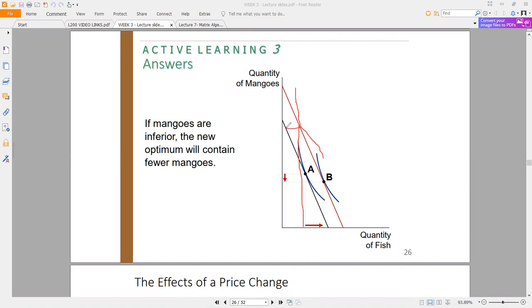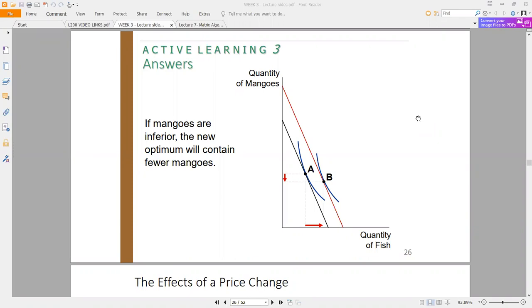But this is going to be the quantity of mangoes that will show an increase from the previous one. So depending on the type of good in question, that should give you an indication of where the new indifference curve will go. This is the effect of a change in income.